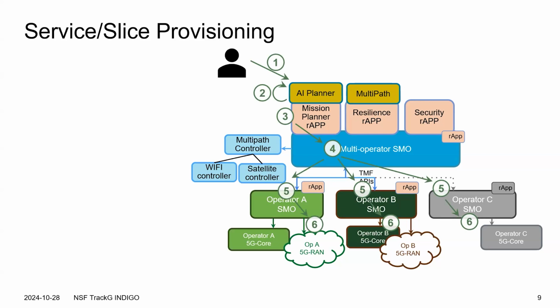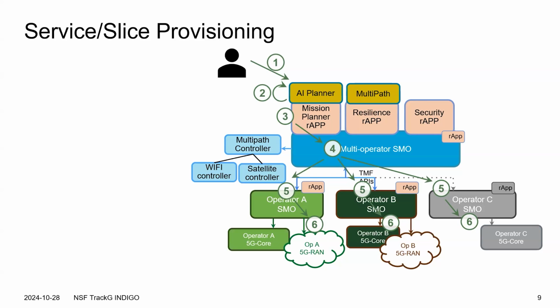That's step number 1. Then it hits the AI planner. The AI planner does all the calculations based on information which exists already. We do not show in this demonstration how all this information goes into the AI planner yet. We are just focusing on service/slice provisioning.